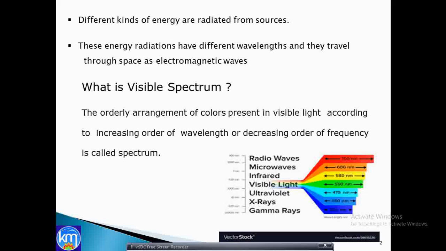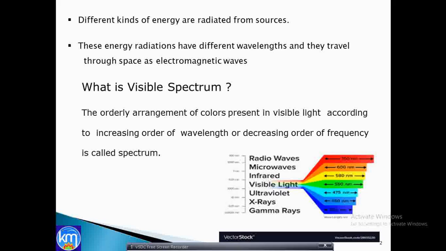In this we can see the visible spectrum, where different colors are shown: violet, indigo, blue, green, yellow, orange and red. So this is what we call a visible spectrum. That means our eye is capable of seeing this range of wavelength. The range of wavelength in the visible spectrum is roughly from 400 nanometer to 800 nanometer.